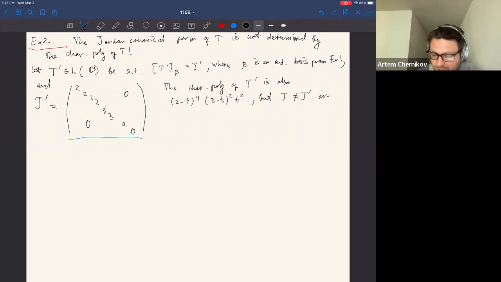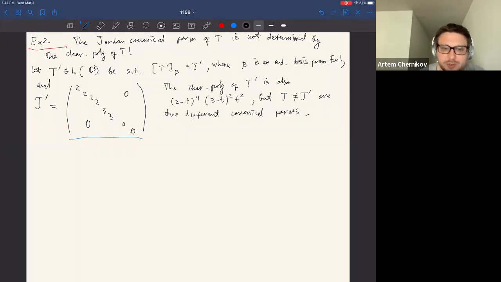So we have two different Jordan canonical forms giving rise to the same characteristic polynomial. So the Jordan canonical form depends on the operator itself and not just on its characteristic polynomial.